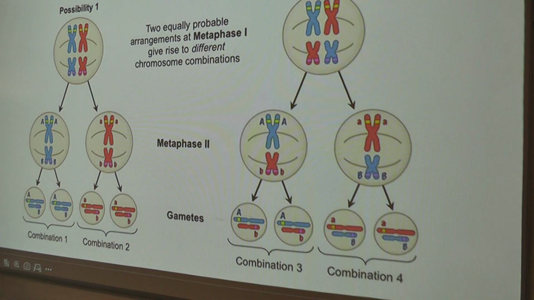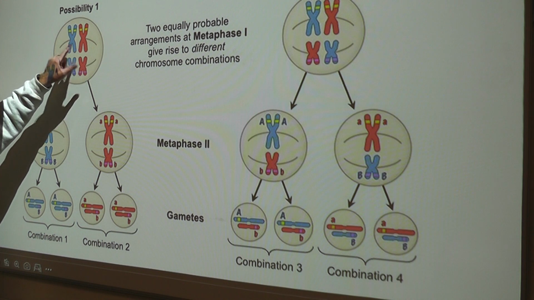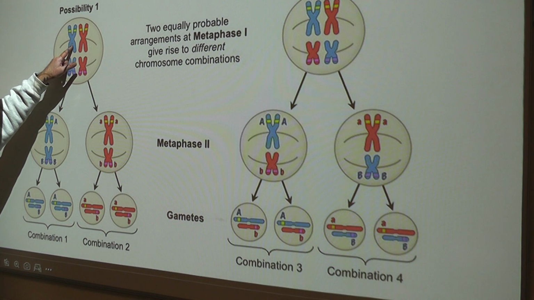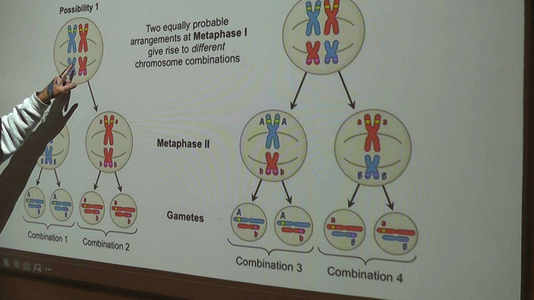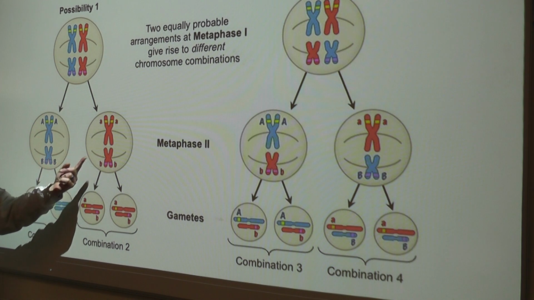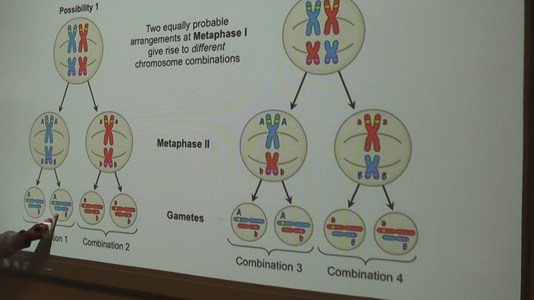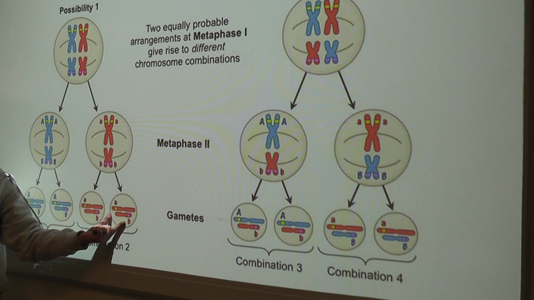So half the time, if we had 2 chromosomes, and each of those chromosomes had 1 dominant and 1 recessive allele, they would line up so that the homologous chromosome with dominant alleles were both on one side, and the resulting gametes would either have both dominant alleles for both genes or both recessive alleles for both genes.